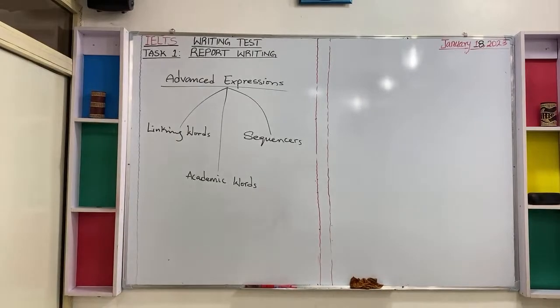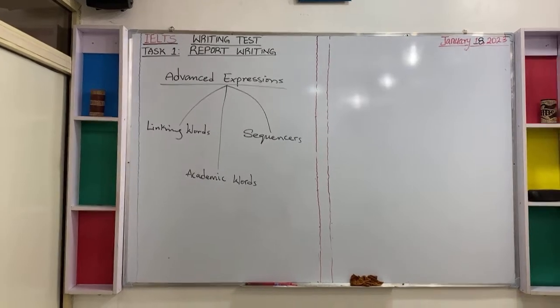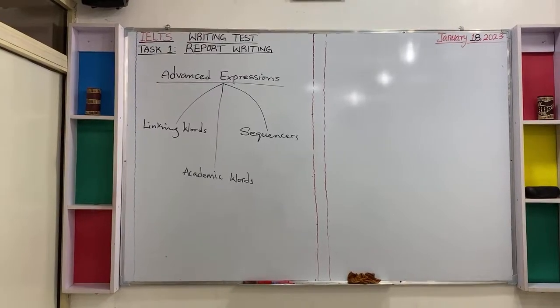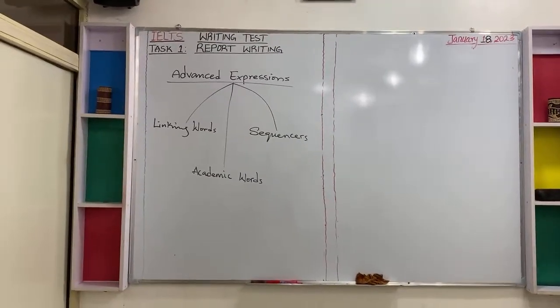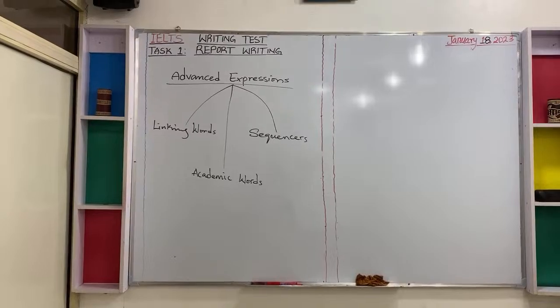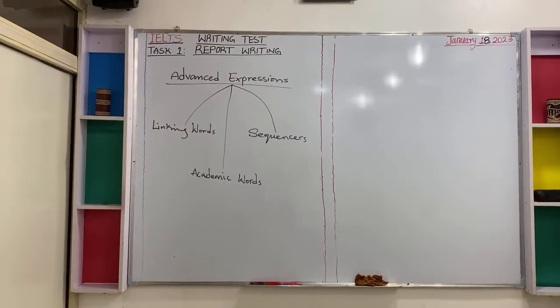All right, so let's understand what linking words entail. We treated this during the essay writing, right? Yes. They are words that are used to join two or more sentences or phrases together to become one.